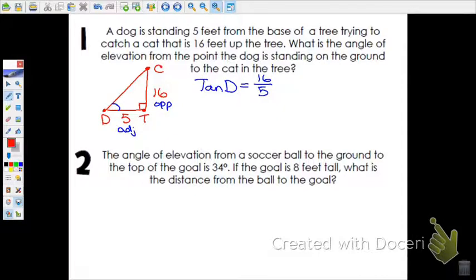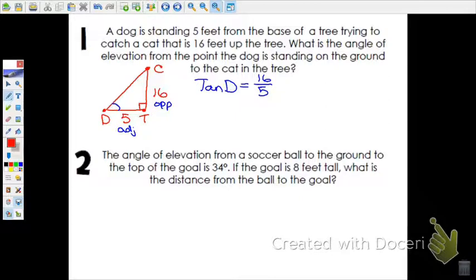So what do I need to do to get the D by itself? Divide by tangent. You cannot divide by tangent, so we have to do the inverse of tangent. Very good. When we are looking for angles, we use the inverse function.